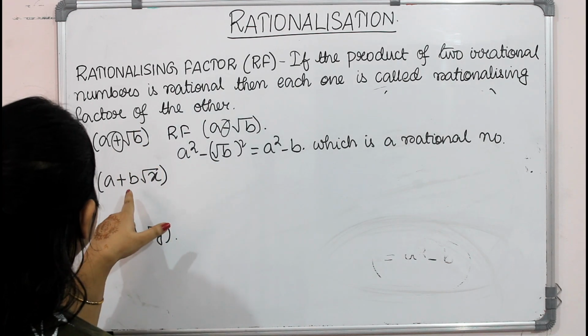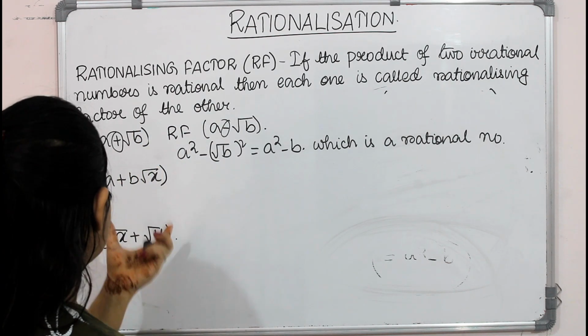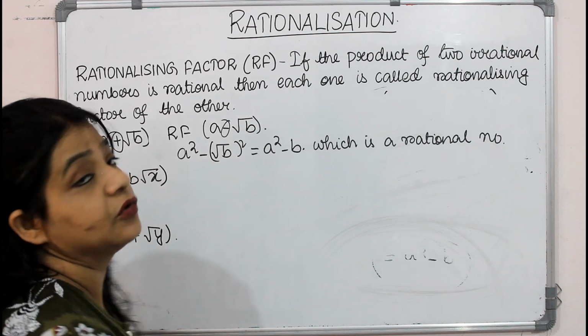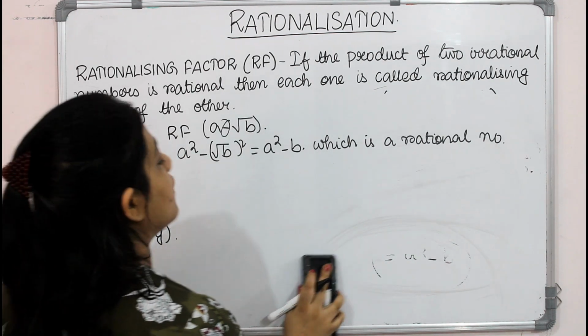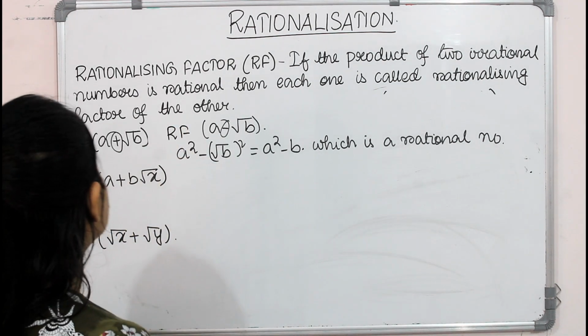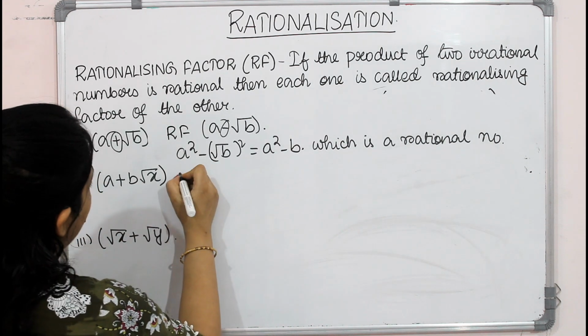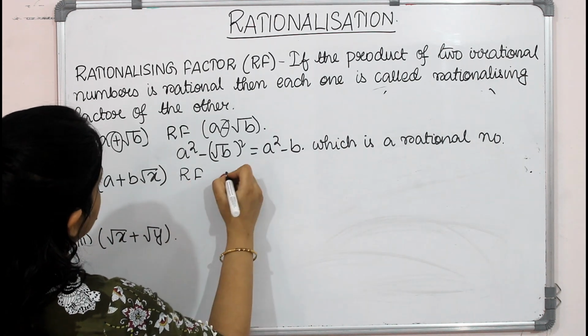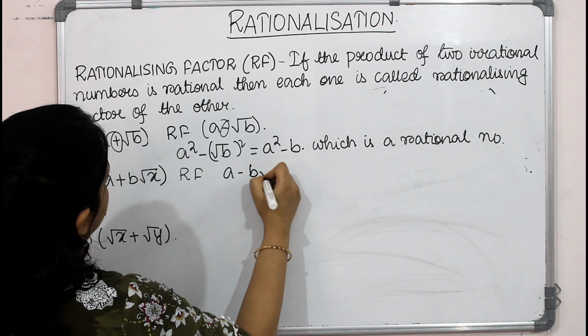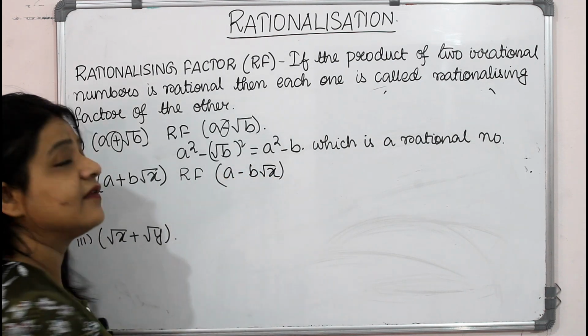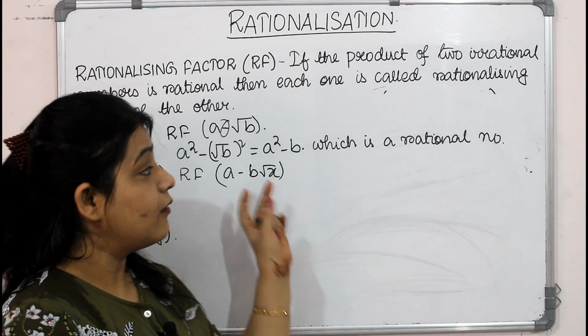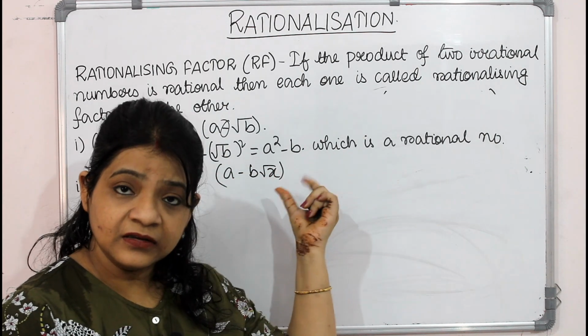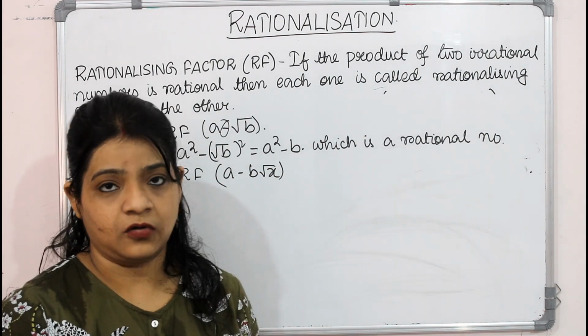Okay, now let's go into the second example, that is a plus b root x. So a plus b root x I will write over here, and a minus b root x is the rationalizing factor. Now let's check whether a minus b root x is correct or not.